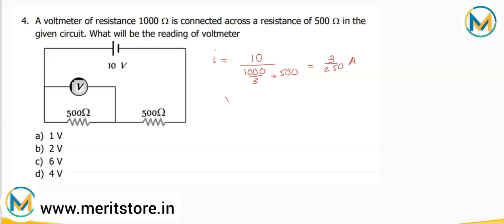Now the voltmeter reading equals IV into RV, that is the current passing through the voltmeter into the resistance attached to it, which equals 2 upon 3 into 3 upon 250 into 500. When you solve this, the 3 gets cancelled, and we get 4 volt. So the correct answer among the given options is option D, 4 volt.